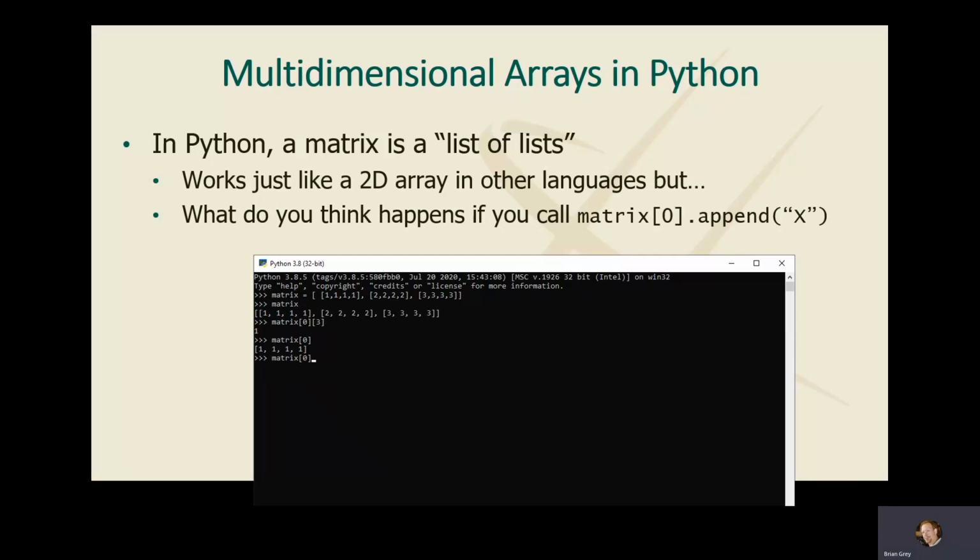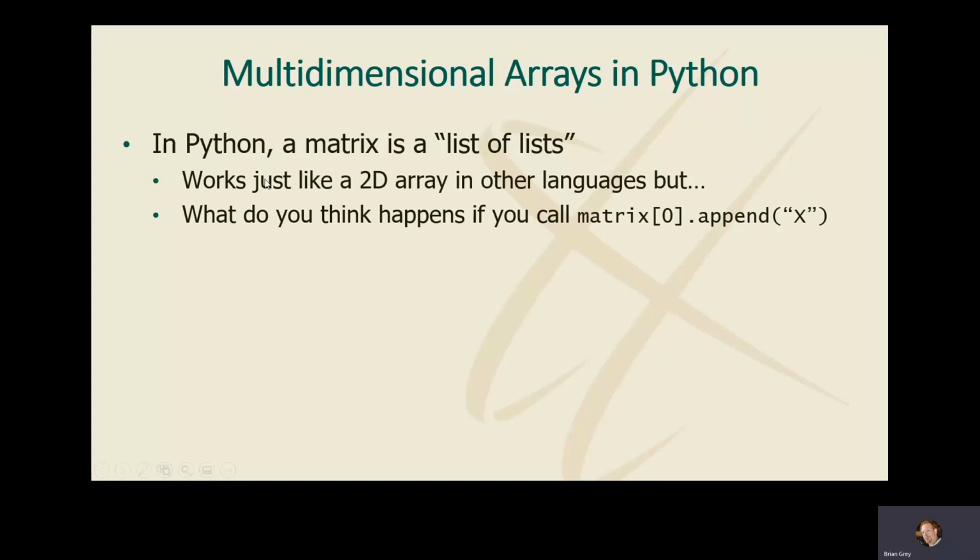So when we say matrix 0 dot append X, it does. And now when we say matrix 0, we have X at the end. And now when we say matrix, we have X in that matrix. So it does exactly what you told it to do. It just appends X to the matrix at the row that you ask it to.